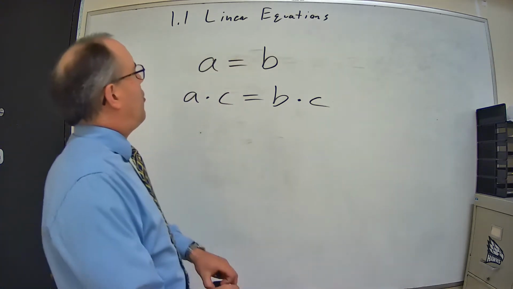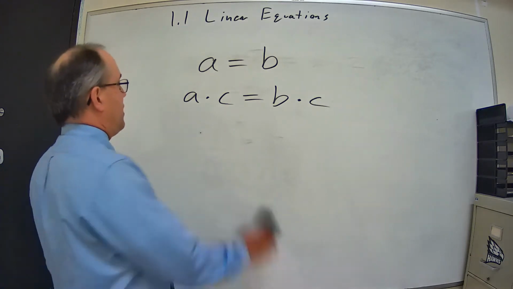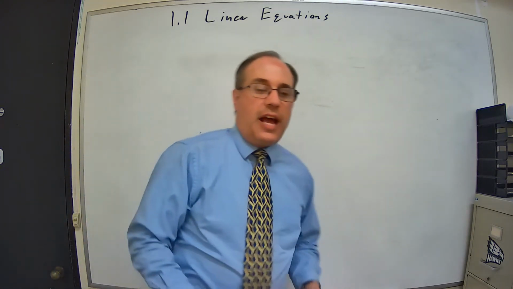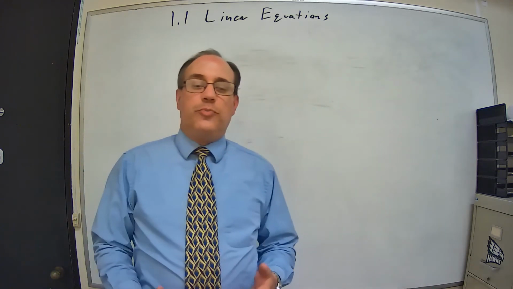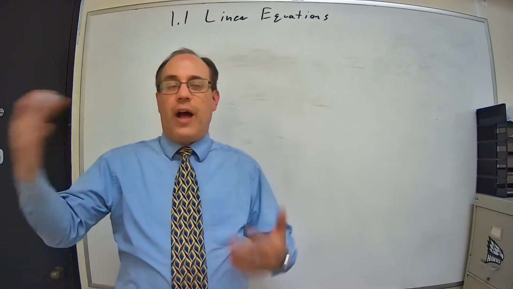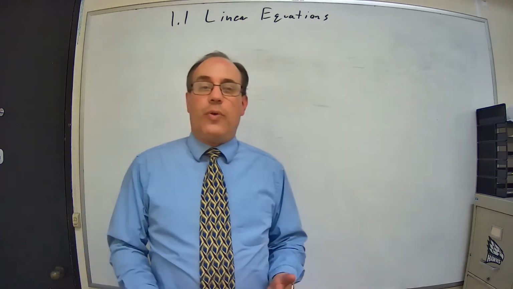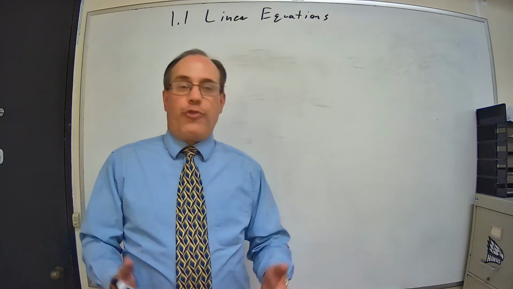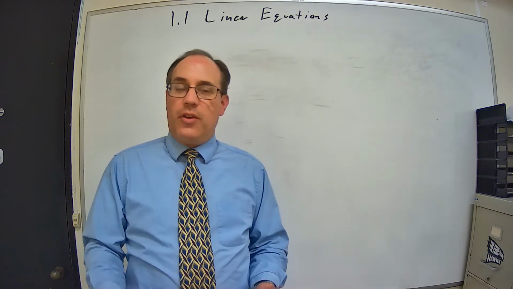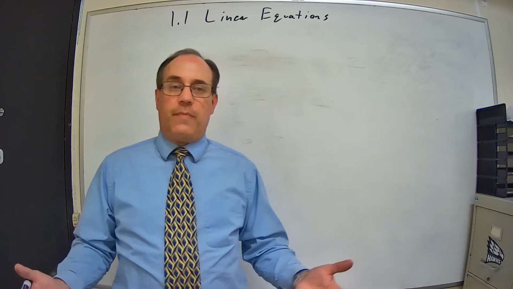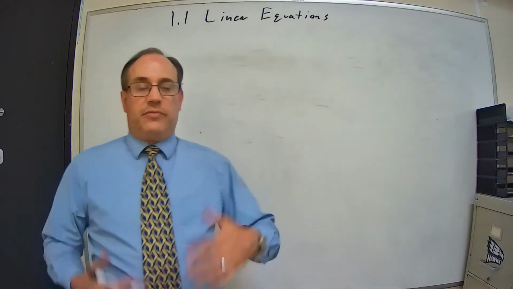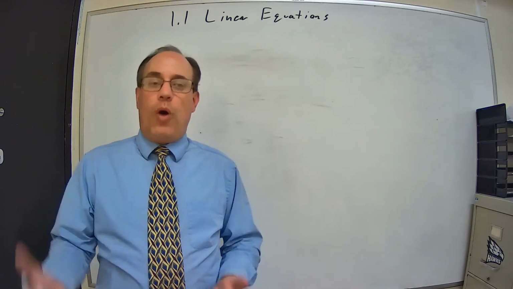Now we're talking about linear equations specifically at this point in time, and so that means we're not going to be dealing with second, third, fourth, or higher degree equations. A linear equation is a first degree equation. It can have one variable, or it can have numerous variables. But all of those variables will have at most a degree of 1.